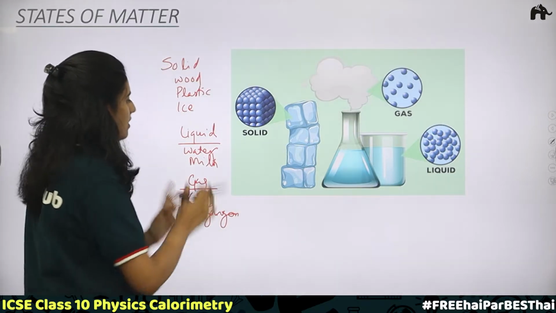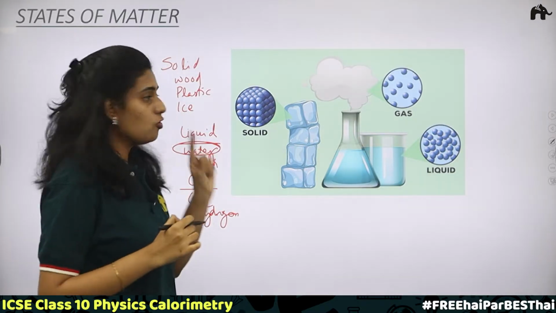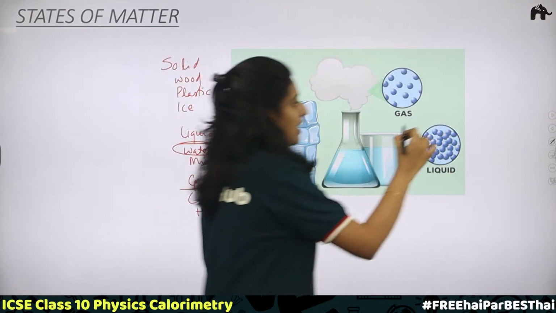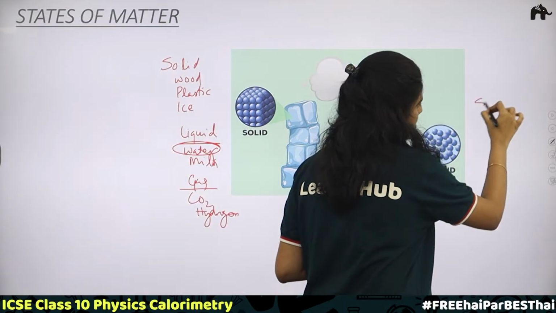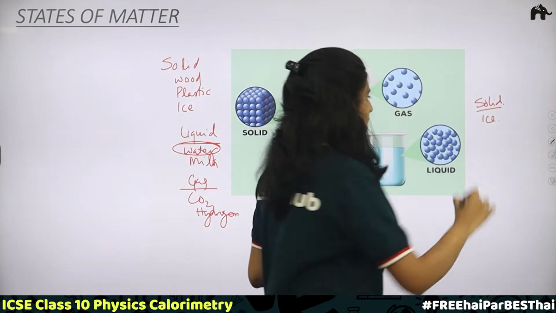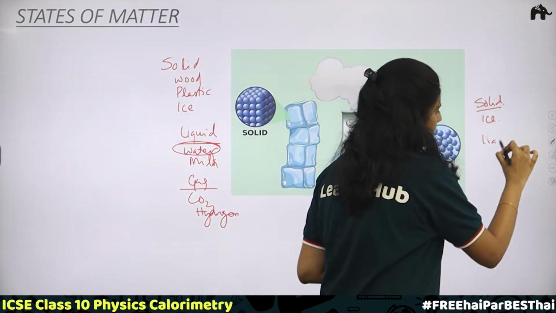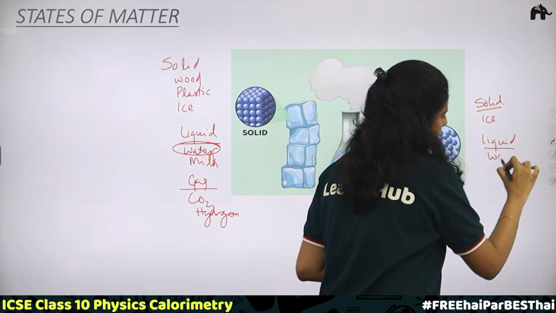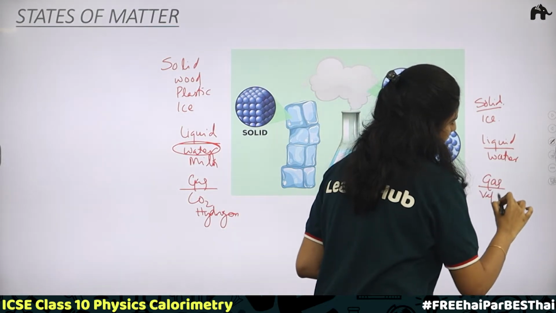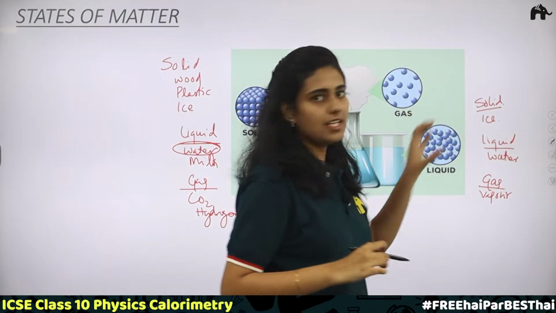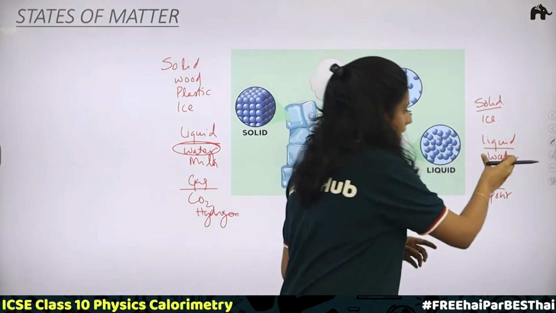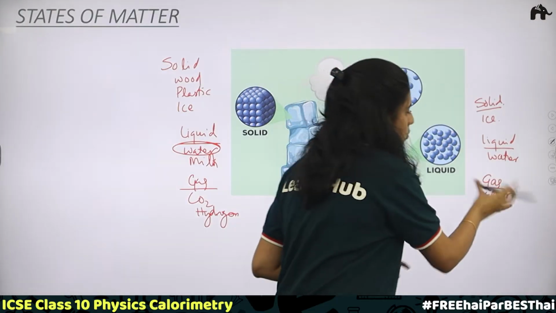Now you know that water can exist in all 3 states. Water can exist as a solid in the form of ice. The normal water is a liquid. In the gaseous state, you have vapor. So what is happening? This ice melts to form water, and again when the water is boiled, you get water vapor.